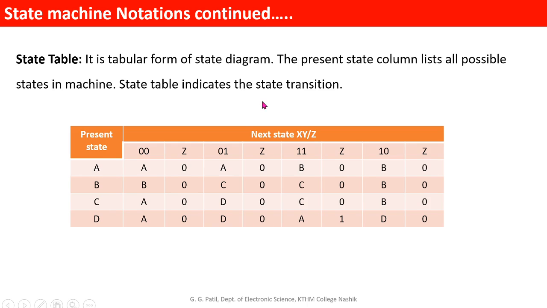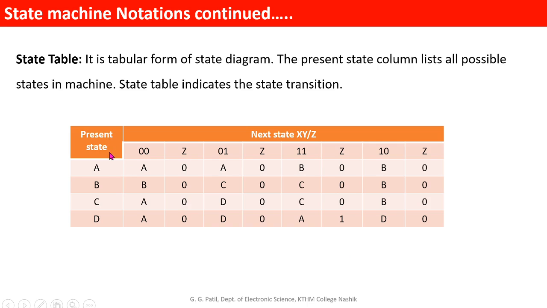Here, one example of a sequential machine is taken whose state table is written here. What things are present in the state table, or how we describe the state machine in tabular form, is given here.